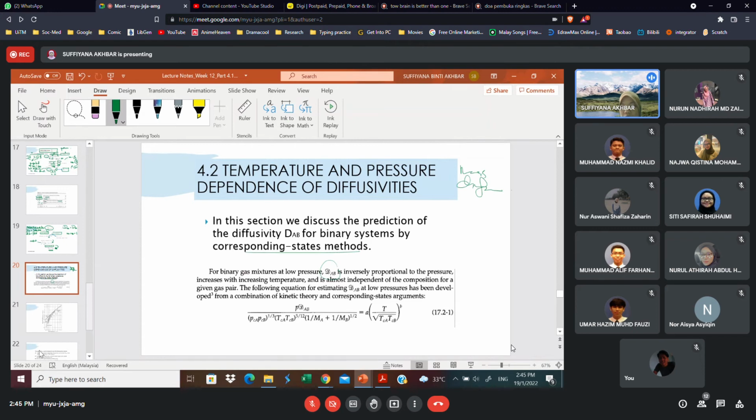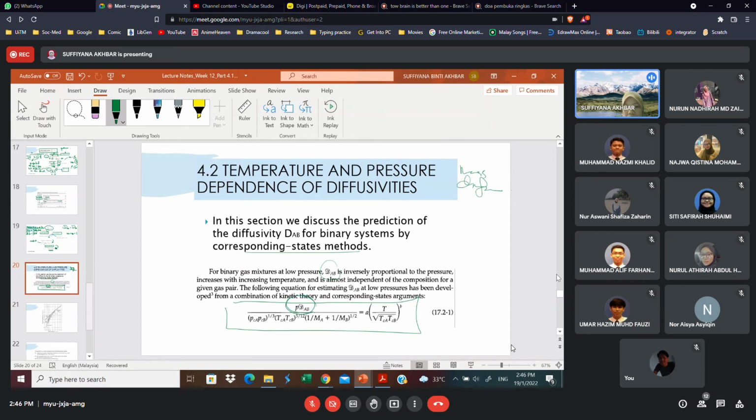The following equations for estimating DAB at low pressure has been developed from a combination of kinetic theory and corresponding state argument. So you can use this equation to estimate the DAB.